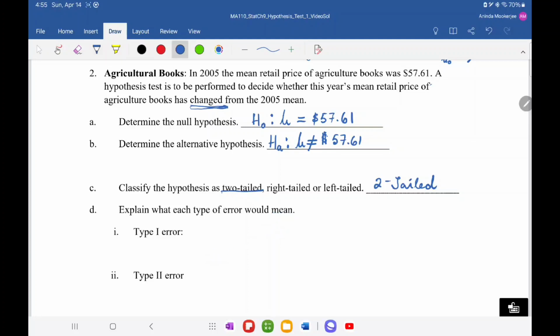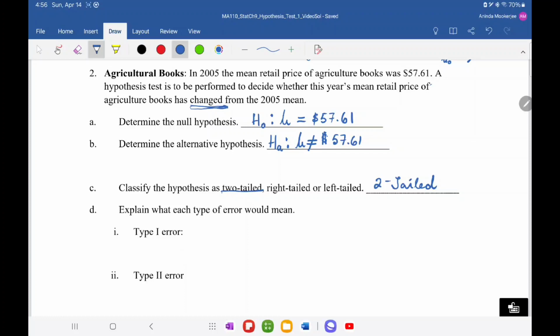All right, so this is a little bit different from the questions we worked before. It's not just stating the null hypothesis mean. Now we have to explain our understanding of the two types of errors, possible errors one can make while performing a hypothesis test. Now, type 1 error. In order for a type 1 error to happen, the null hypothesis should be true.